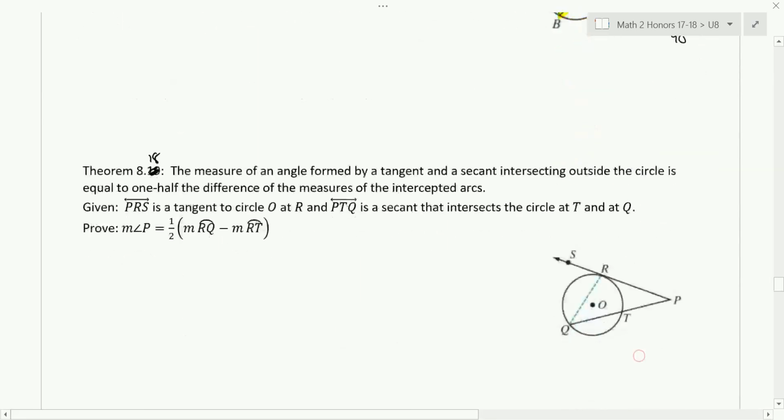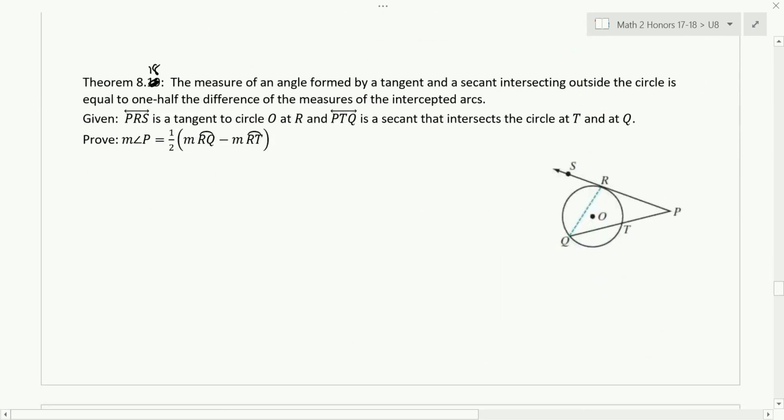Okay, so next one I'm going to do with you. Theorem 8.18 says the measure of an angle formed by a tangent and a secant which intersect outside the circle is equal to 1/2 the difference of the measures of the intercepted arcs.